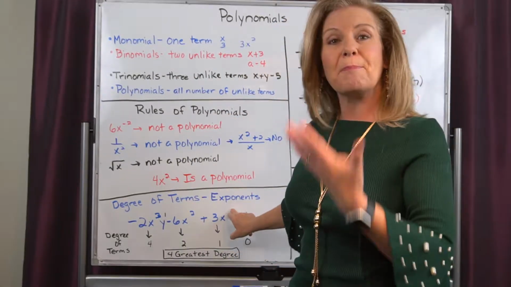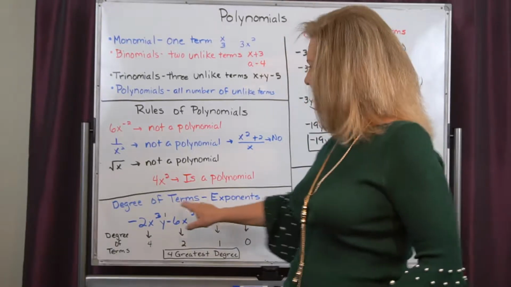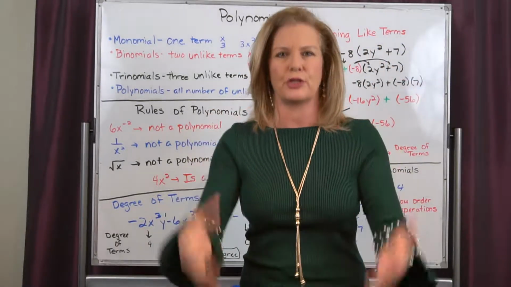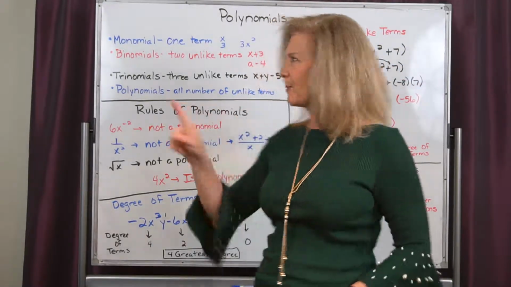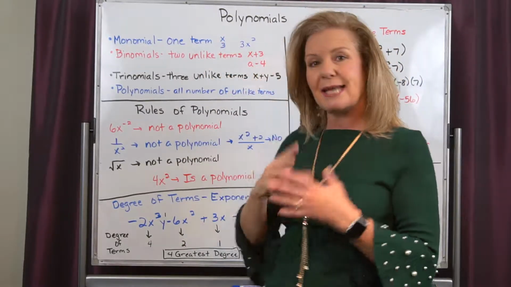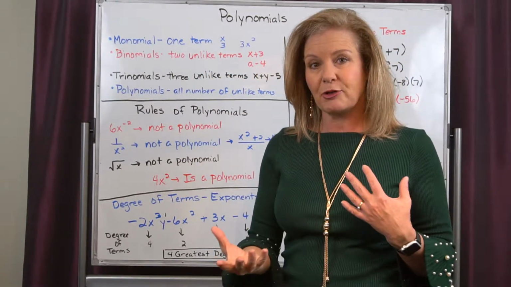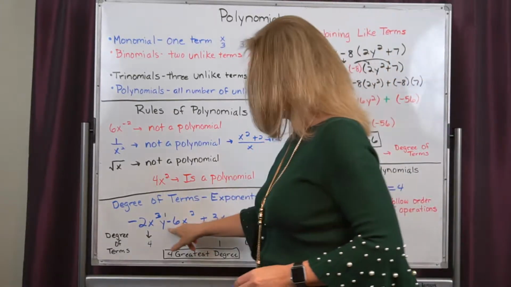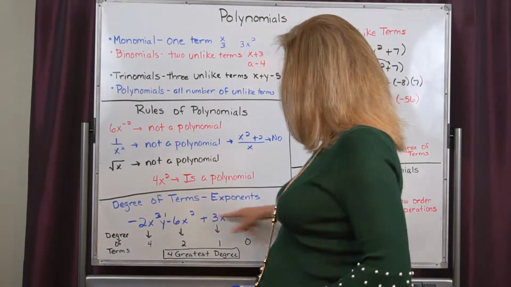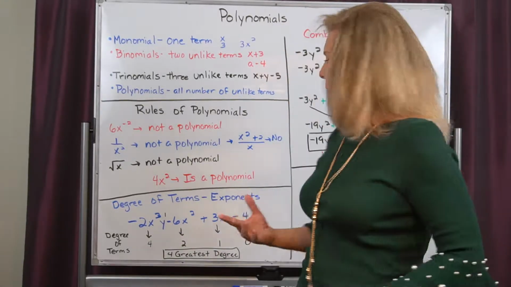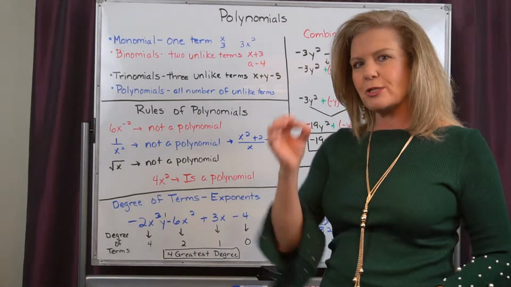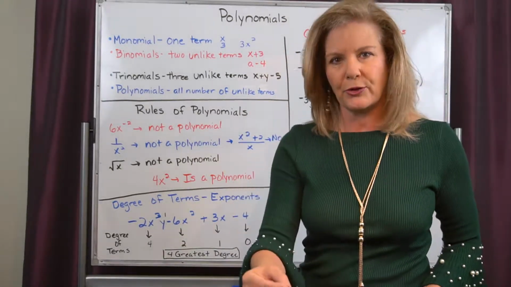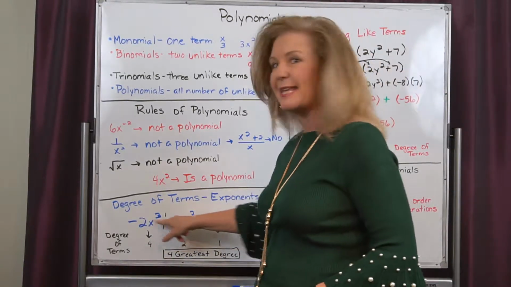So here's a big concept for today. It's this concept of degree of terms. Now terms, remember, are those things that are separated by the addition and subtraction sign. So we're looking at those individual pieces separated by them. So here I have this expression. When I take a look at that, in order to get my degree of terms, I'm simply looking at the exponents.